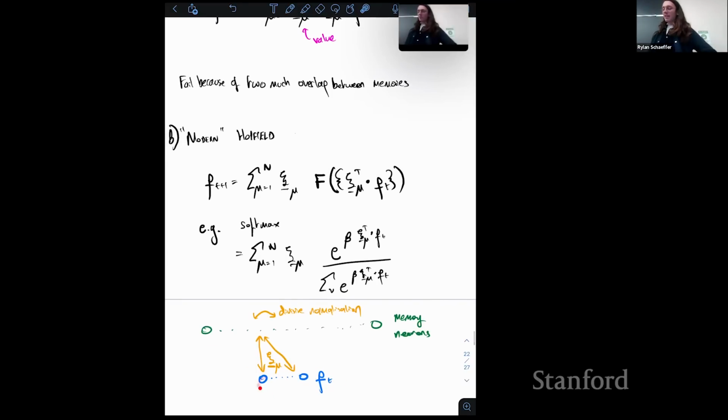You have some set of activity p_t, the neural activity, and you're going to compare that to each chi_mu, through these memory neurons. There's a set of memory neurons, one for each pattern that you've memorized, mu, and the weights to this memory neuron will be chi_mu, and then the activity of this neuron will be this dot product.